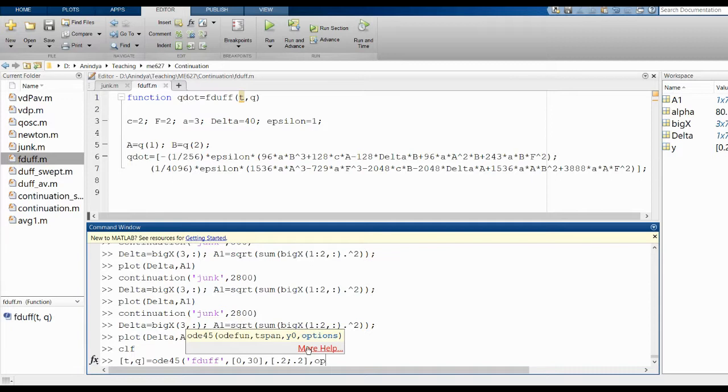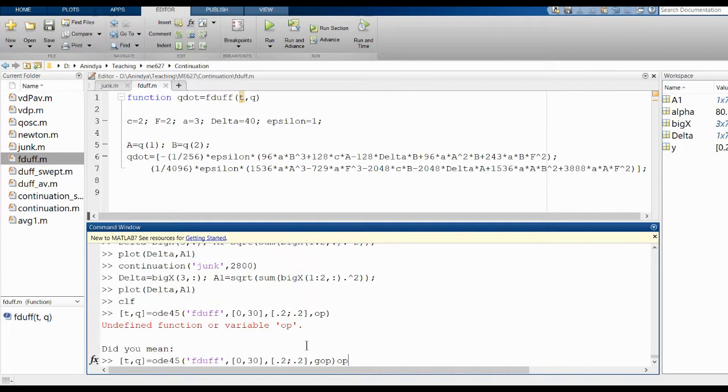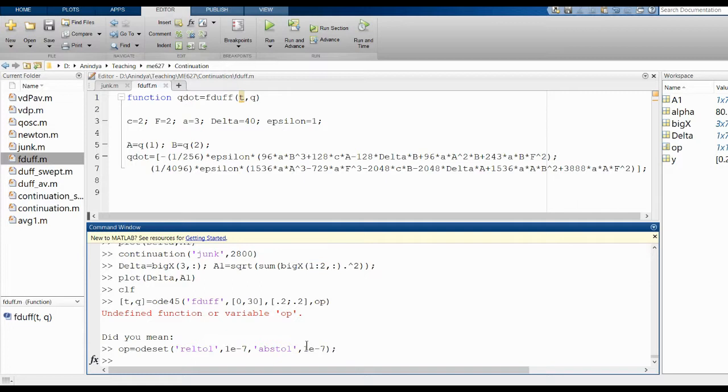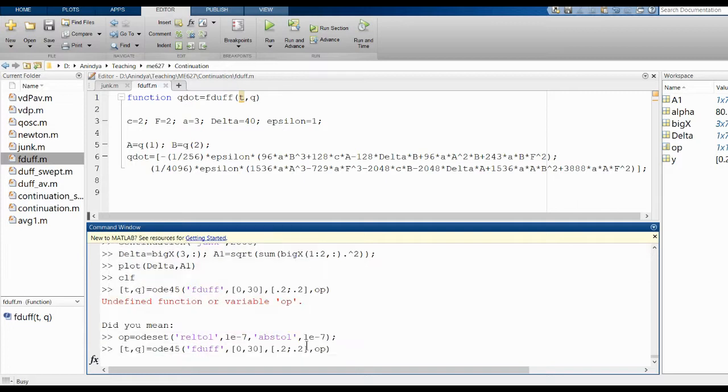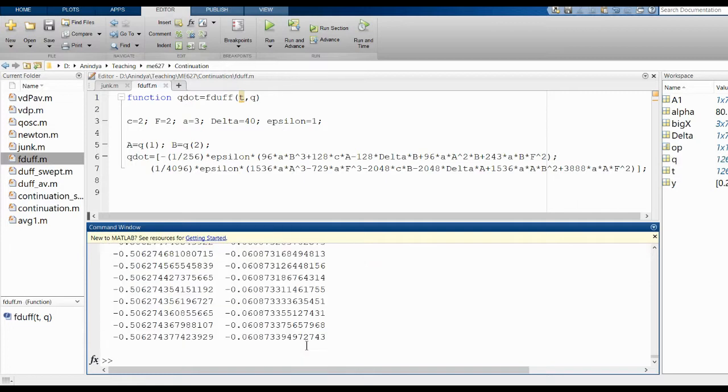I think I have not defined OP, so it will complain. I forgot to put a semicolon. It's okay. Plot Q1, Q2.